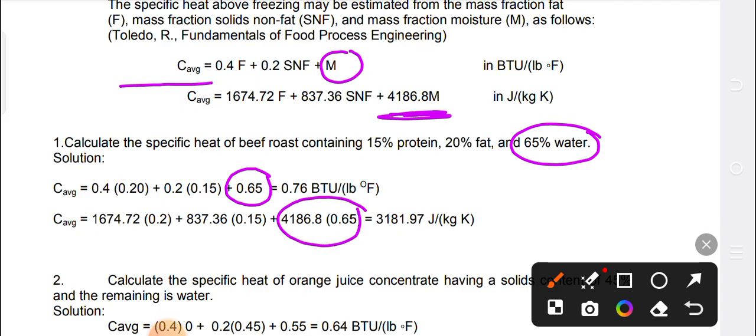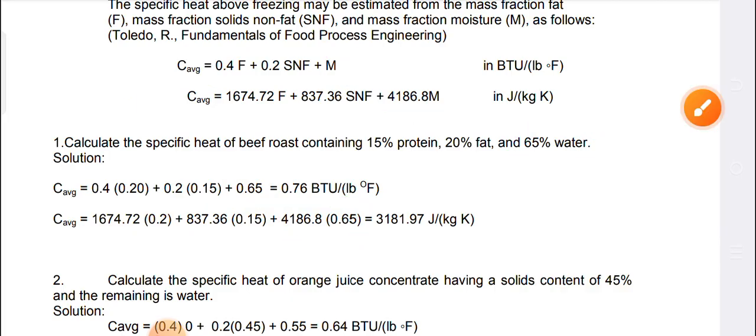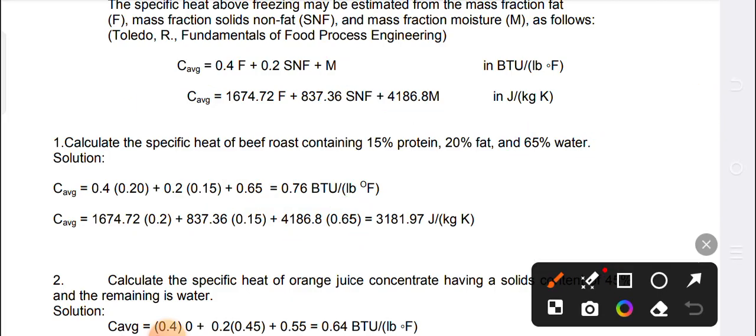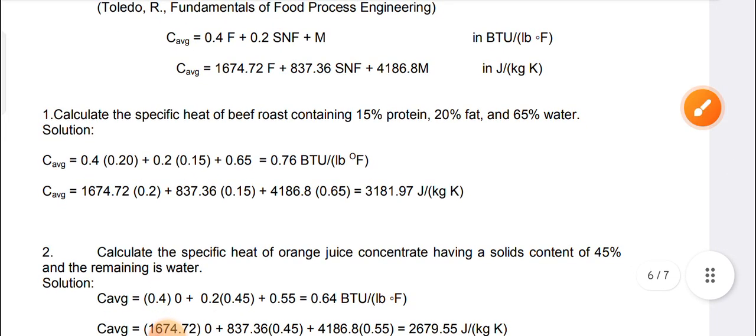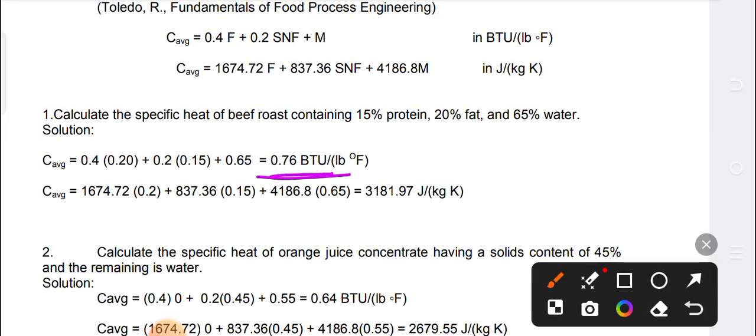And then, of course, you get your calculator. You multiply everything first, and then you get the sum. That's why you're going to have 0.76 BTU per pound degrees Fahrenheit.